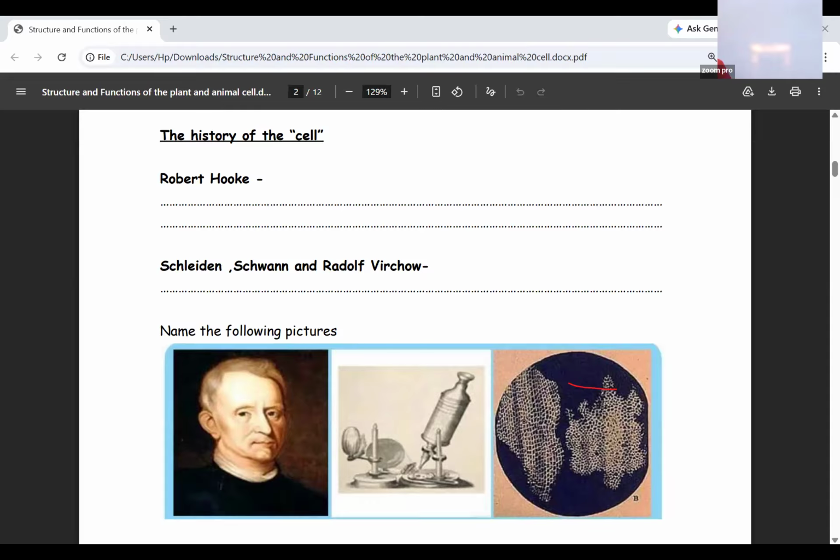Name them. Then we write about Robert Hooke. Write down: observed a section of a cork.